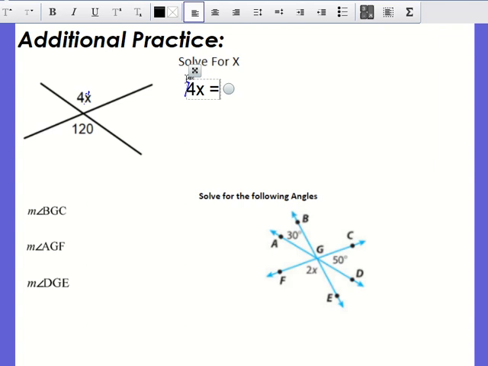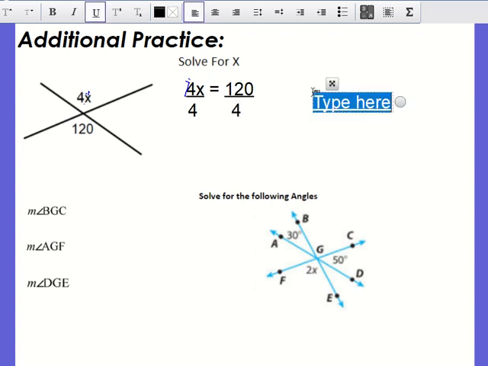4x equals 120. So the first thing we're going to do is then divide by 4, right, to both sides. And then we will get that x equals 30.